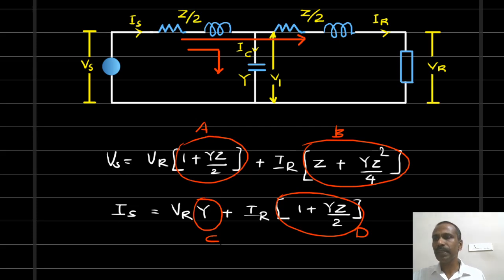Is equals C into VR plus D into IR. For any network, usually this A equals D and AD minus BC is equal to 1.